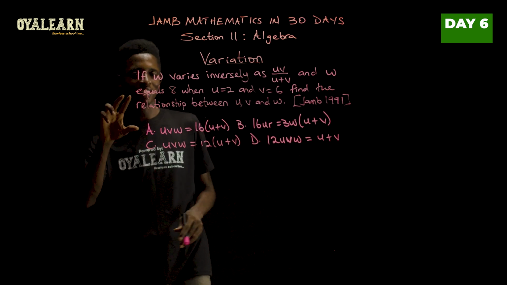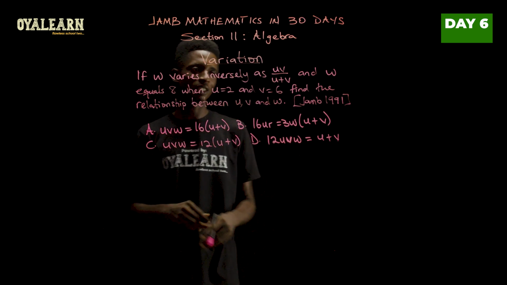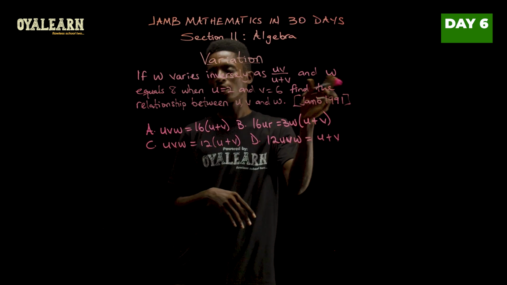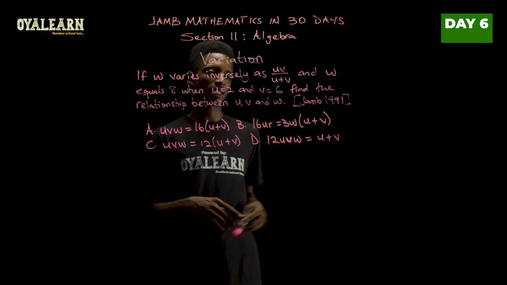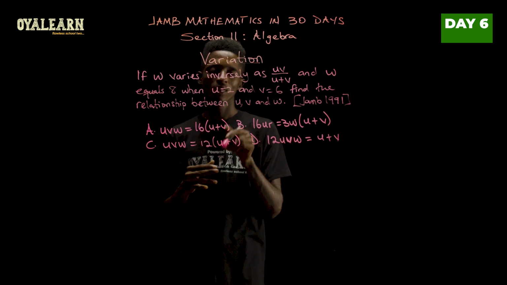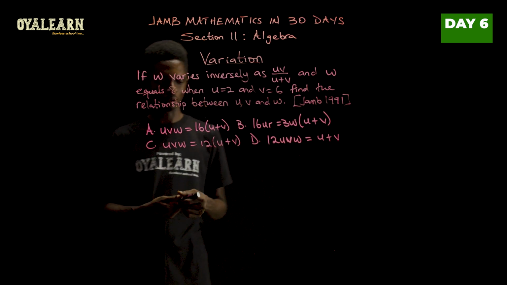Now this question says if w varies inversely as uv all divided by u plus v, and w equals 8 when u is 2 and v is 6. Find the relationship between u, v and w. Now this is from Jamb 1991.